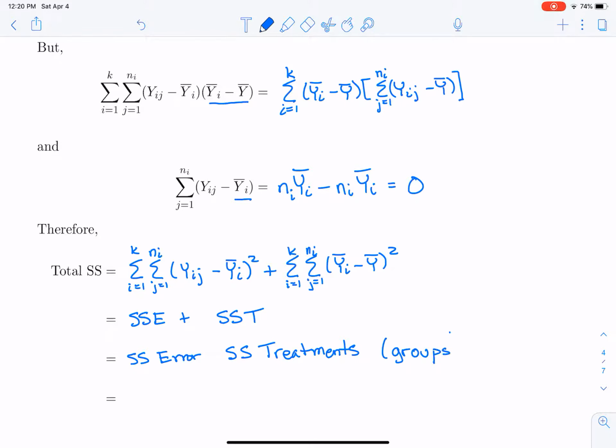Imagine that we were giving 4 or 5 different groups different treatments for a disease. Then we would be looking at all those groups and seeing if there's differences between those groups. Or we could be treating some sort of substance with another substance, and there would be different treatments that we could use.